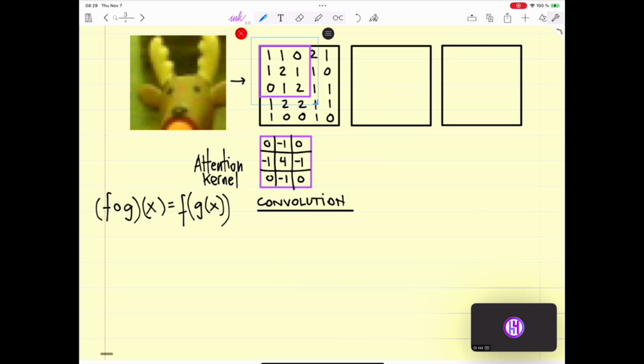So we are going to multiply these two matrices. Dot multiplication of the matrices. And what we get is a number. So let's do the dot multiplication of the matrix.